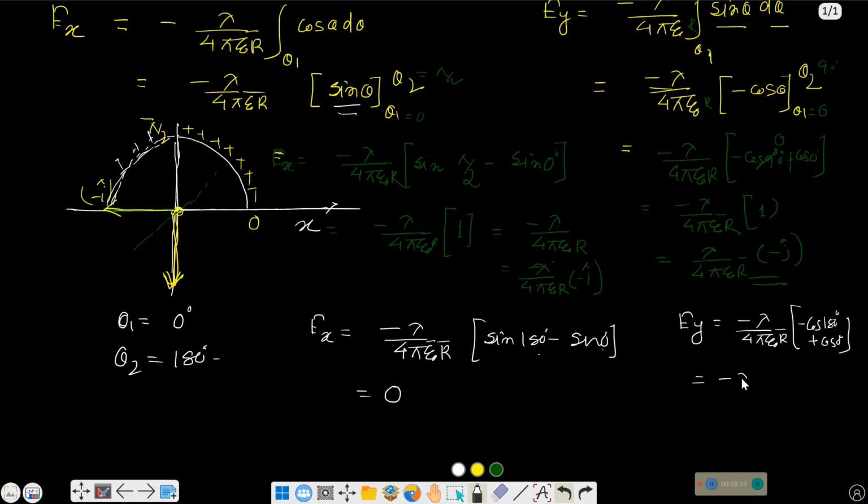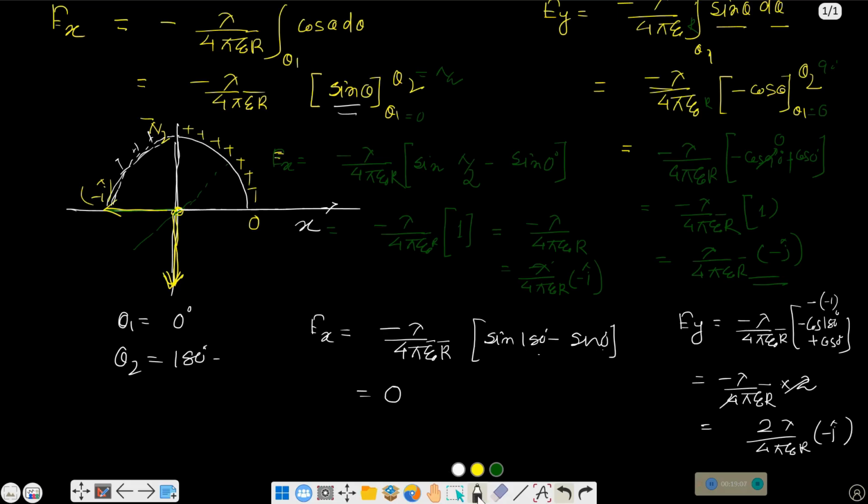Minus cos 180 is minus of minus 1, which is plus 1, and plus cos 0 is 1, so plus 1 plus 1 is 2. So you can write it as 2 lambda by 4 pi epsilon naught r, minus j cap. It will be along the negative y direction.